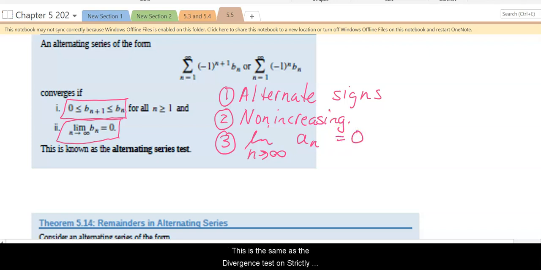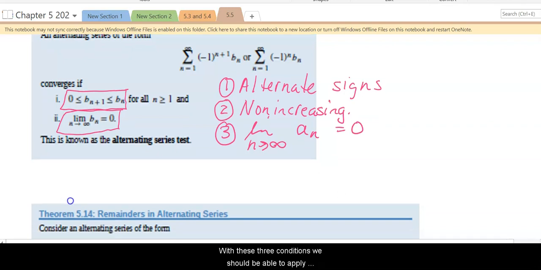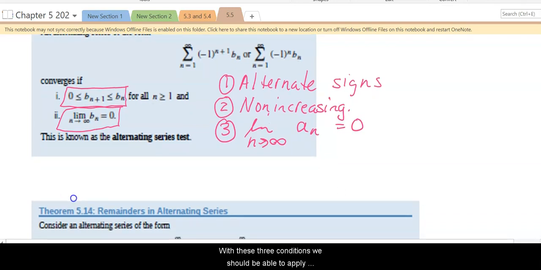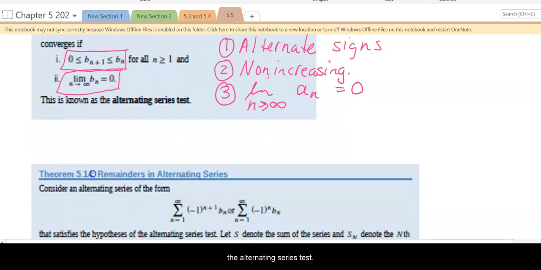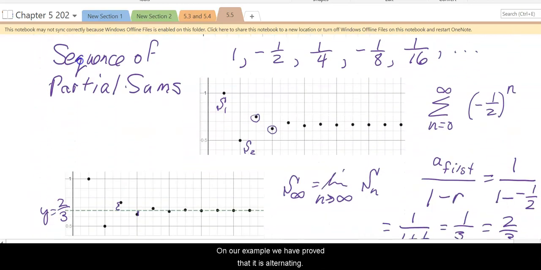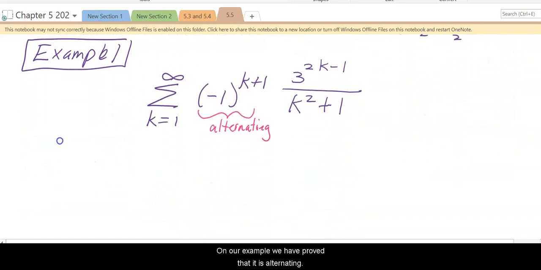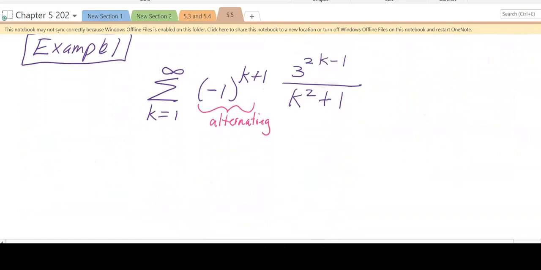This is the same as the divergence test on strictly positive series. With these three conditions, we should be able to apply the alternating series test. On our example, we have proved that it is alternating. We need to prove now that it is not increasing.